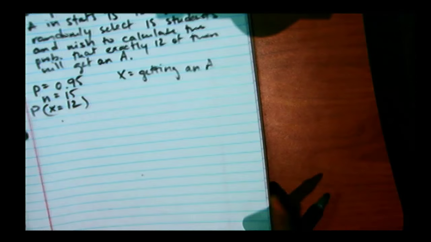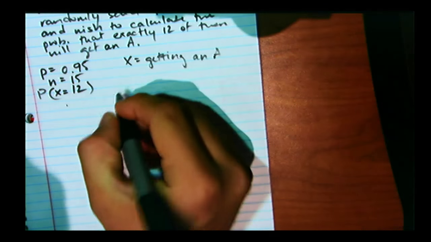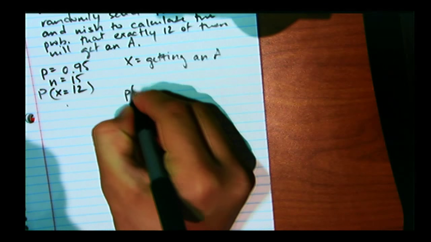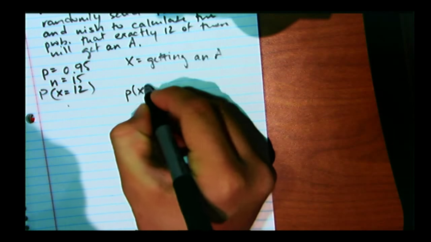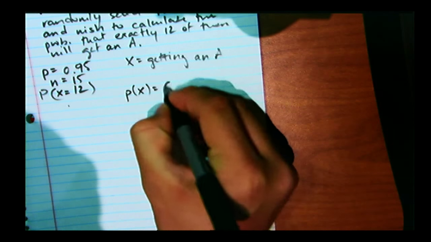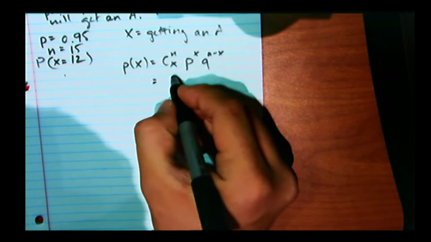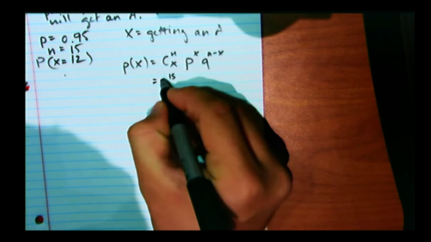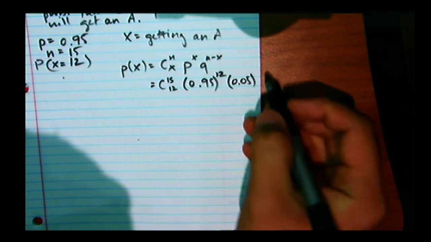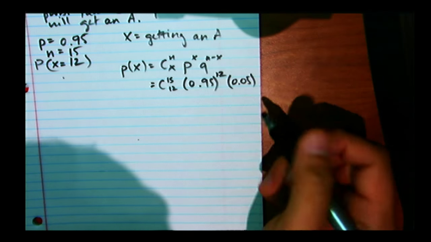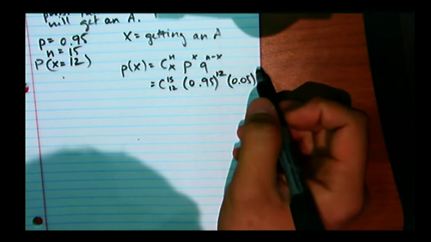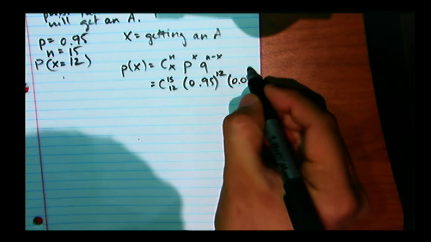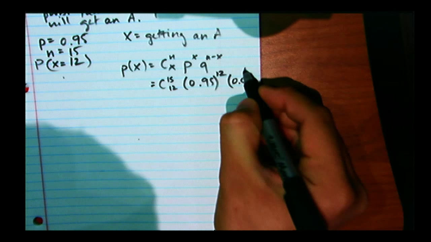Okay. We've got combinations of n and x, so that's going to be combinations of 15 and 12, times 0.95 to the 12th power, times 1 minus 0.95 raised to the n minus x, or the 15 minus 12 power. You can simplify that to the third power.